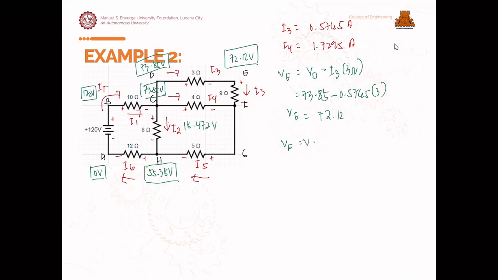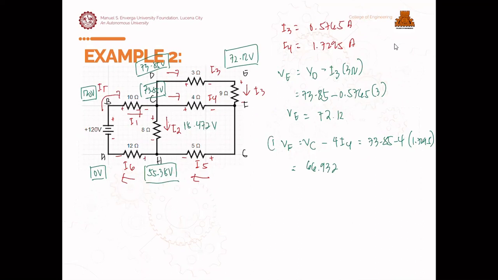VC towards negative tayo, minus 4 times I4. Now, that will be 73.85 minus 4 times 1.7295, which is 66.932. Okay? So ito yung una. So from C to F to.